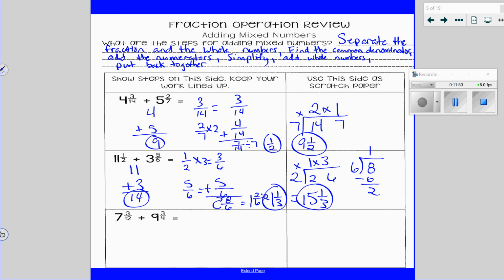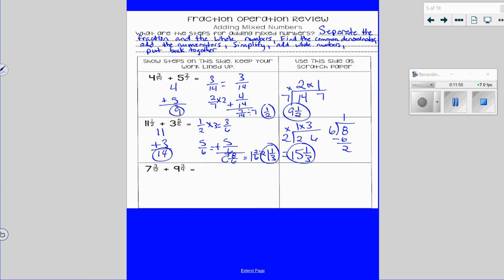All right, let's go over the last one. What's my first step? Separate my whole numbers from my fractions. So I have 3/12 and 3/4. I find my least common multiple. What can go into 12 and 4? How many times will 4 go into 12? 4 times 3, 12 times 1.